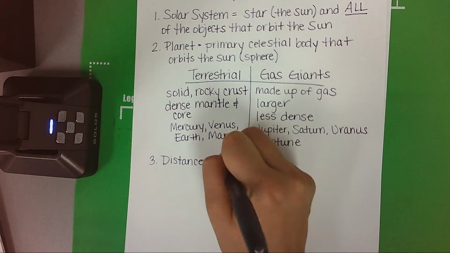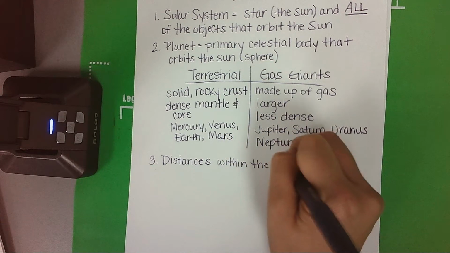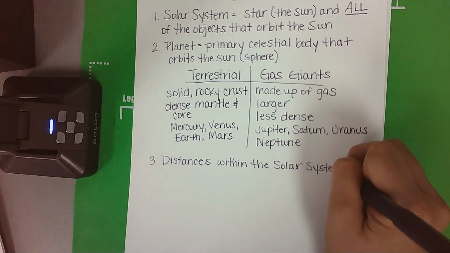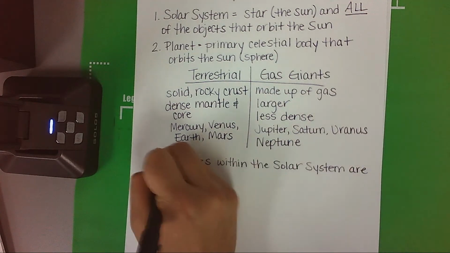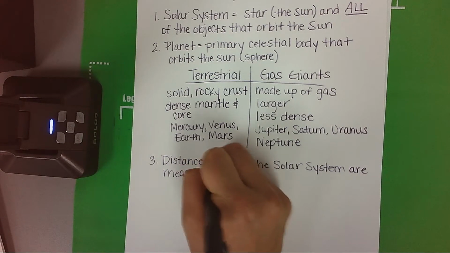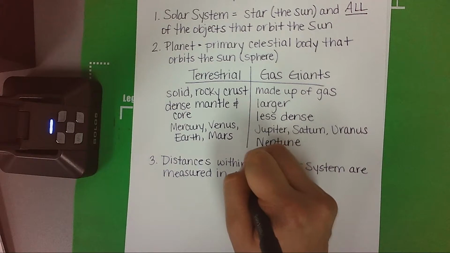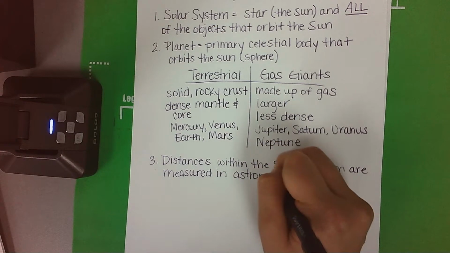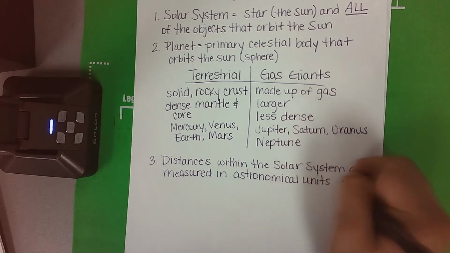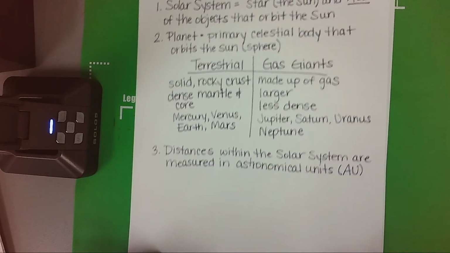So distances within the solar system are measured in astronomical units. Its abbreviation is AU, capital A, capital U. Okay?